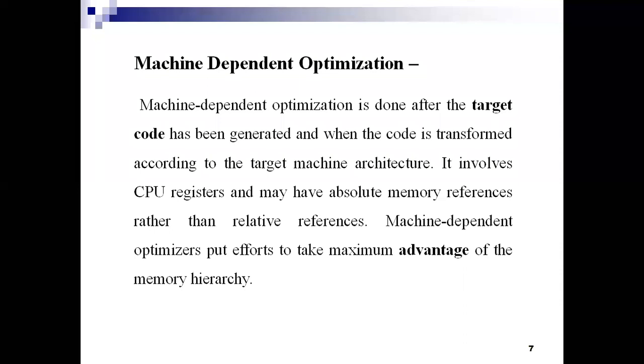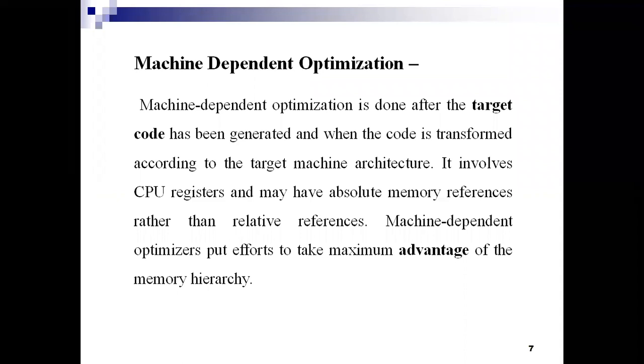And here, when this machine dependent optimization can be achieved, it has some criteria, and if it satisfies all the criteria I am explaining now, then it is a machine dependent optimization. The first one is allocation of a sufficient number of resources to improve the execution efficiency of the program. And here we are using the immediate instructions wherever necessary.